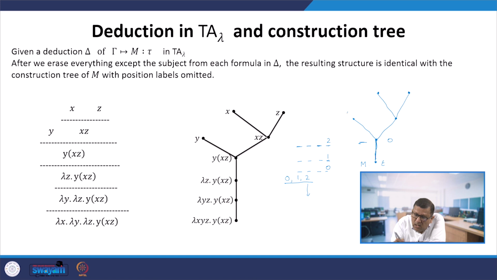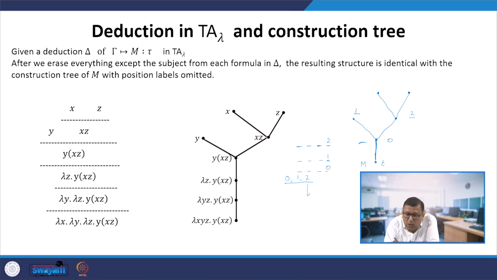Now going upwards, this one is a function, so the rightmost symbol will be 1, and here the rightmost symbol will be 2, because this is the function and this is the argument. What else will be there?